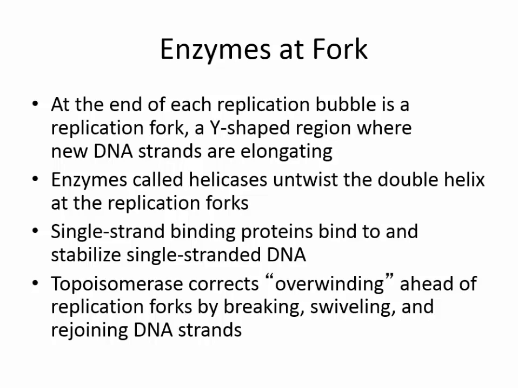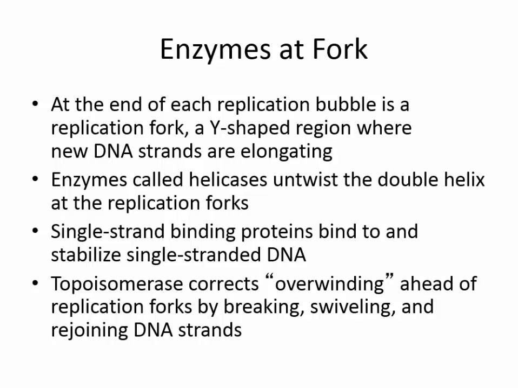At the end of each replication bubble is a replication fork, a Y-shaped region where new DNA strands are elongating. Enzymes called helicases untwist the double helix at the replication forks. Single-strand binding proteins bind to and stabilize single-stranded DNA, because DNA likes to be in a double strand, and it would be very unstable if it just sat around for a while as a single strand. And topoisomerase corrects overwinding ahead of replication forks by breaking, swiveling, and rejoining DNA strands.